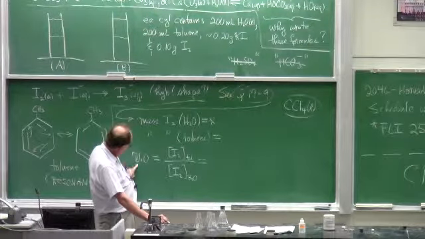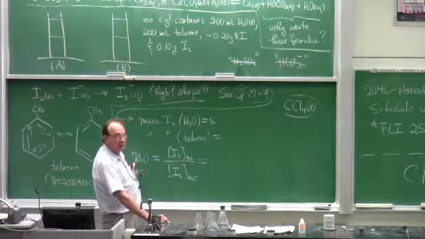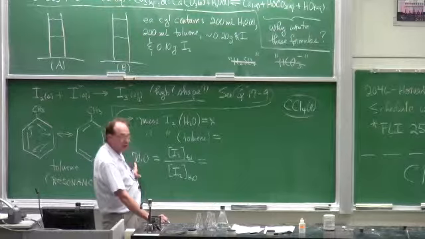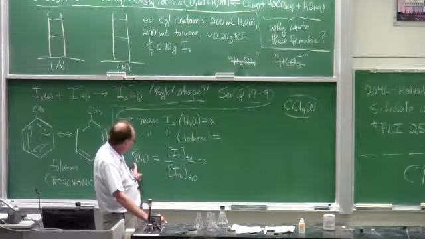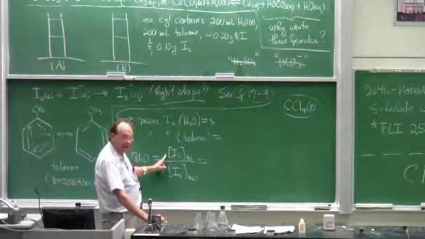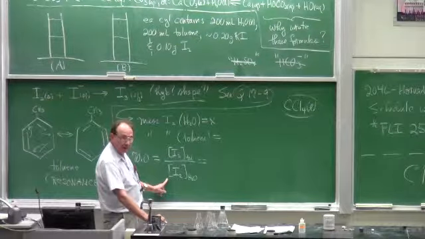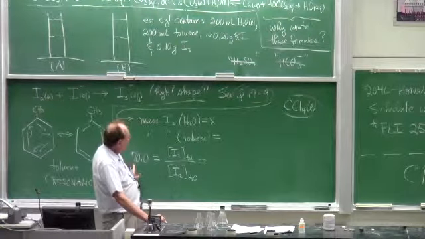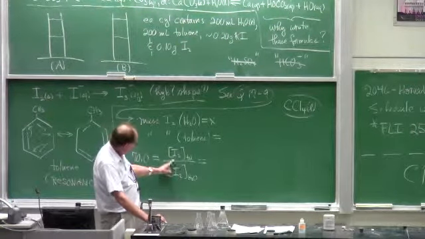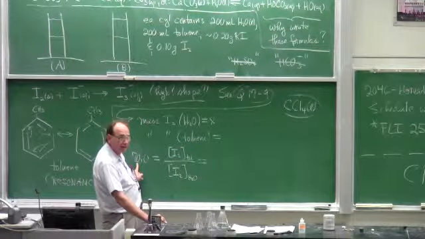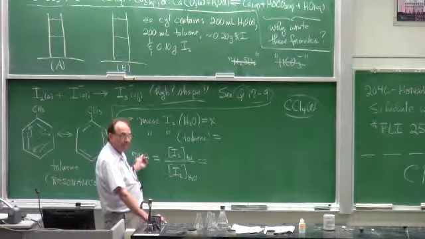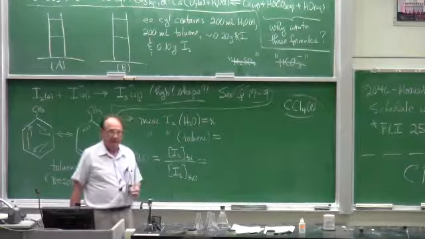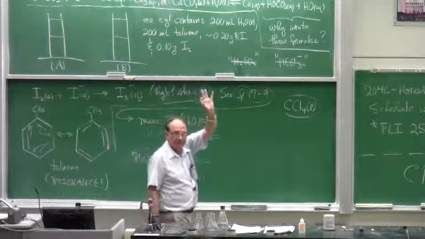this concentration ratio, which is an equilibrium distribution constant because it represents the distribution of solute iodine into the toluene layer versus the water layer. If I use carbon tetrachloride instead of toluene, would this number be bigger, smaller, or the same? How many vote the same?